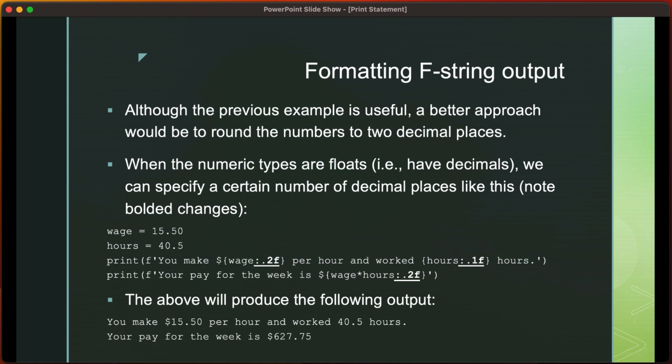The value of this is that we can format the output exactly how we expect it. And now you'll see that the output looks more like we would expect. When we talk about somebody's wage per hour, we usually expect it to be to 2 decimal places, and you'll see that that output now looks more like what we expect.